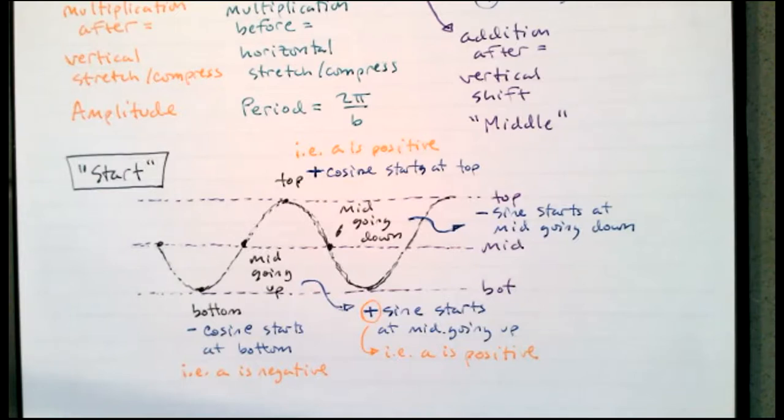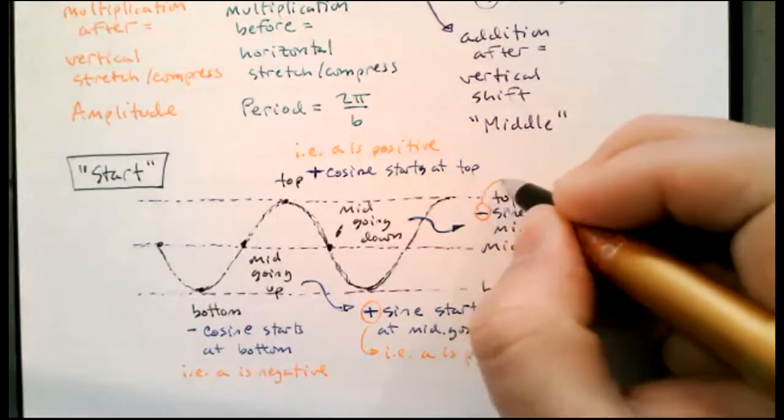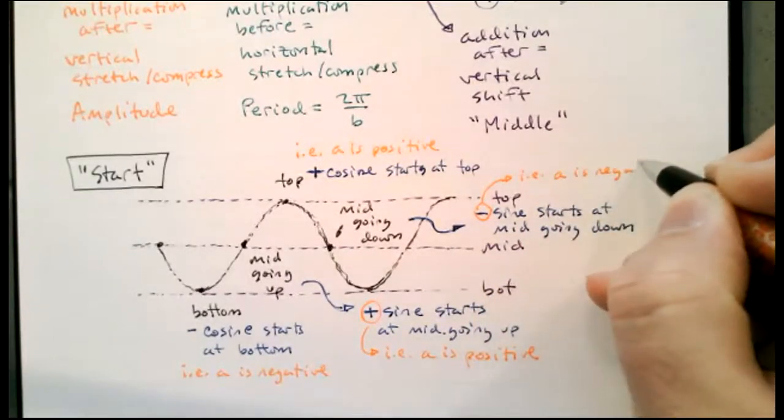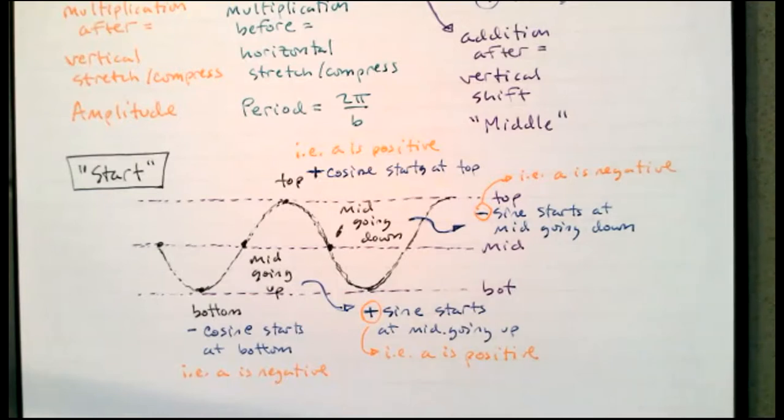But it's handy to identify where the top, the bottom, the middle going up, or the middle going down is going to be. So this is definitely some local language specific to my particular trig class, where I talk about positive cosine, negative cosine, positive sine, negative sine, and I talk about where the graph starts.